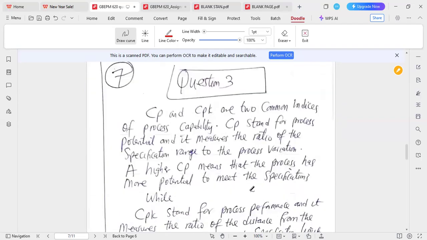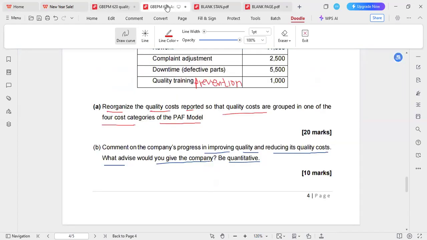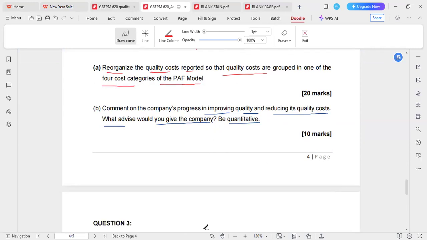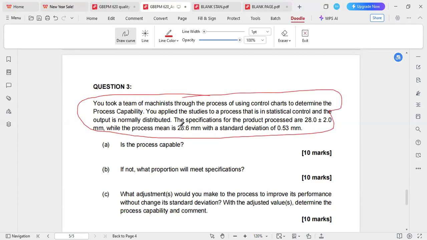Okay, now getting down to question number 3. Question 3 of this paper is actually talking about the specification limits. Okay, so this one is actually talking about specification.